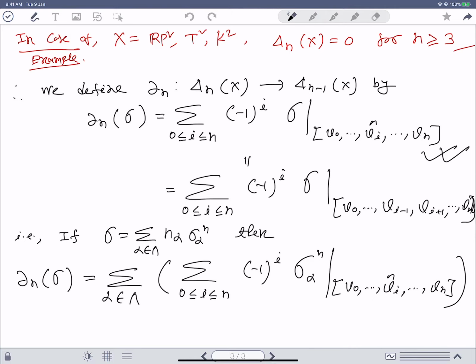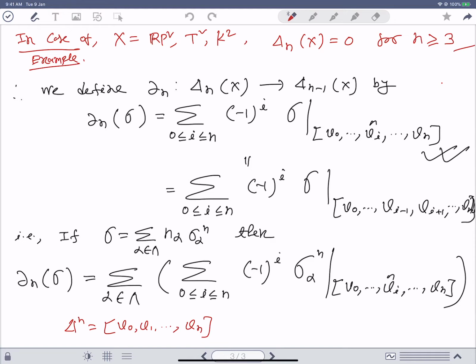Okay, note that if Delta^n is an n-simplex, say [v0, v1, ..., vn], then if you take any of its faces, that means if you delete any one vertex and then take the span of the remaining vertices, it will be an (n-1)-simplex, right.